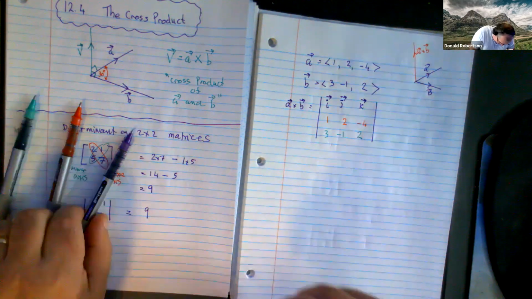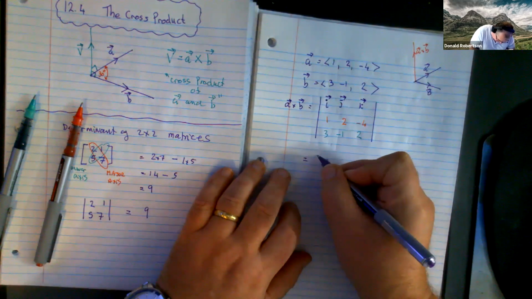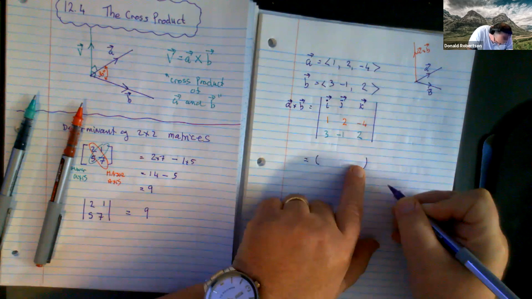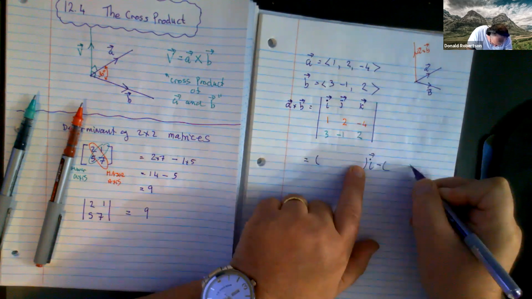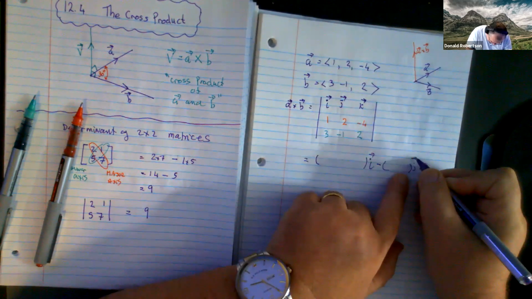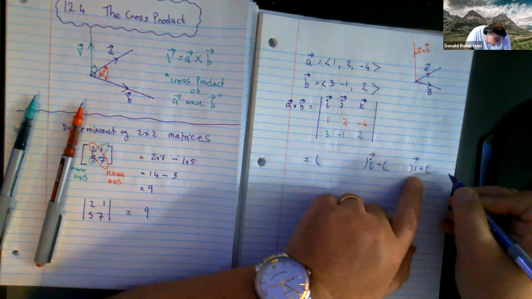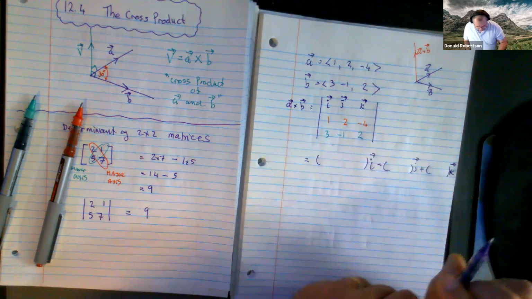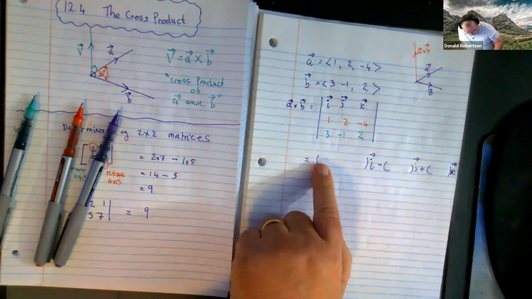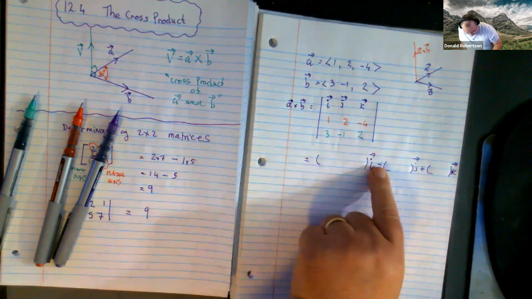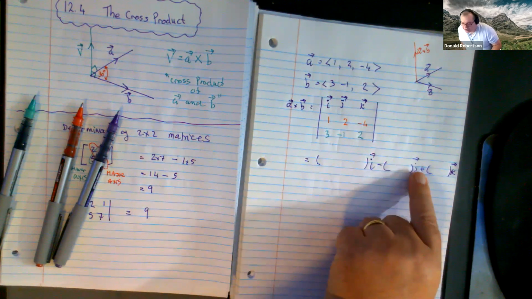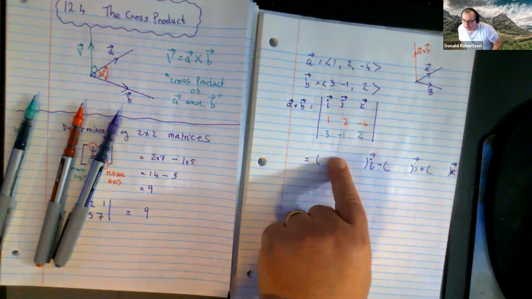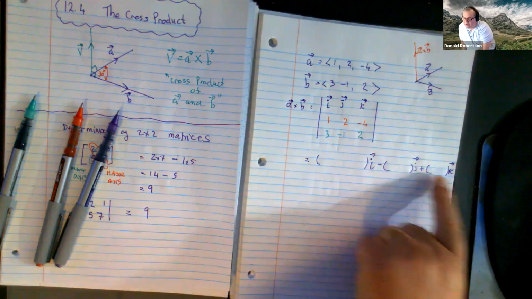Then it's going to be some number that I haven't told you about I, take away some number I haven't told you about J, plus some number I haven't told you about K. The cross product is going to be so many I's, take away so many J's, plus so many K's. So all I need to do now is tell you how to get the numbers that go here, here, and here, and you are done.